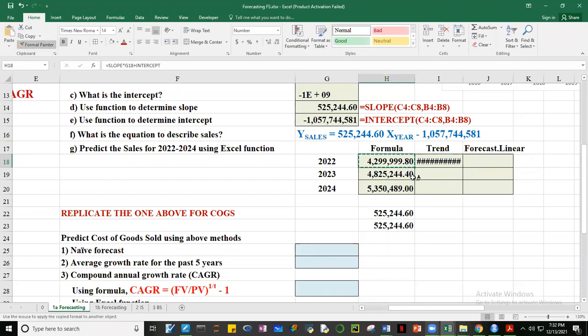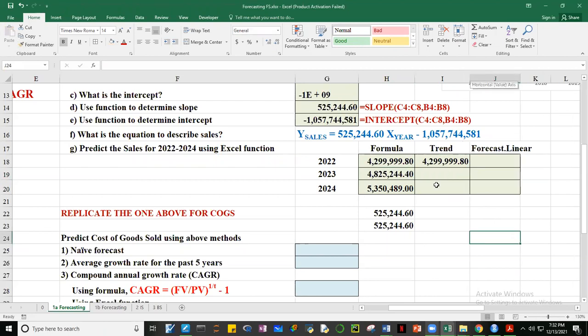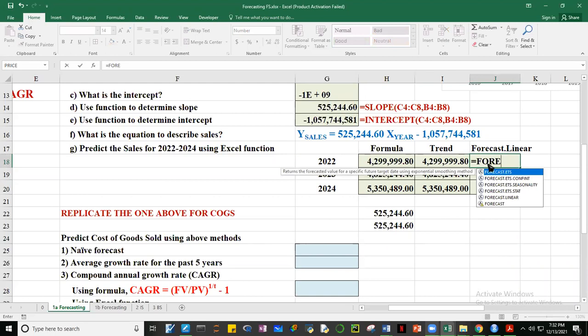Copy na natin format nito. Okay, it should be the same guys. And then copy down. There. Exactly the same using the formula, using the trend function, and lastly, using the forecast linear. Forecast linear, ito. Eh, ganun din, no? Medyo na iba lang ano nito, yung syntax.